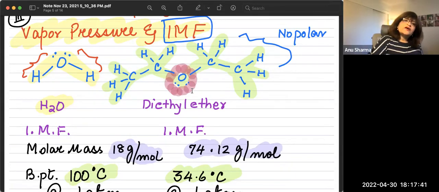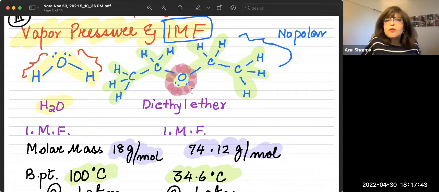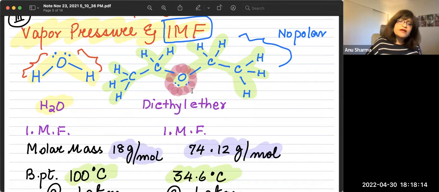Now look at water, a very small molecule in comparison. It has oxygen in the middle, just like the diethyl ether, but on the 2 sides are the hydrogens. So it's a really small molecule, molar mass 18 grams per mole. However, look at the boiling point of water. Even though it's a small molecule, it has a very high boiling point, 100 degrees Celsius. Diethyl ether, on the other hand, is comparatively a very big molecule, but its boiling point is very low.